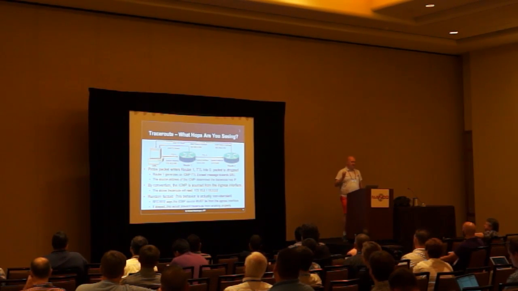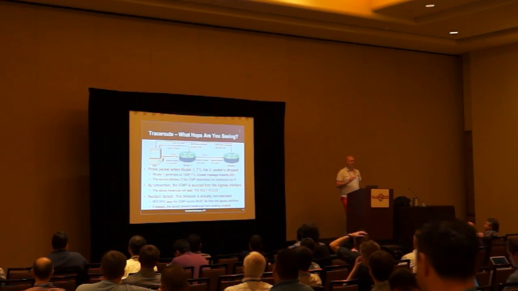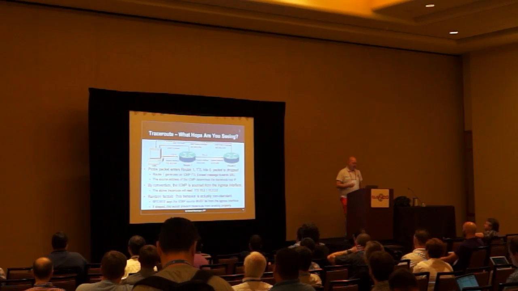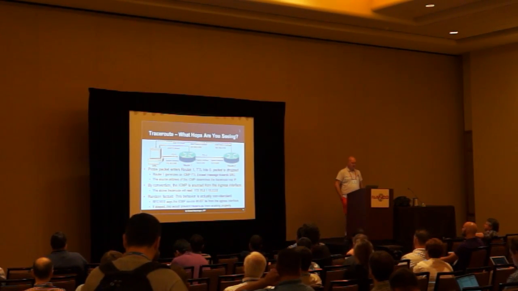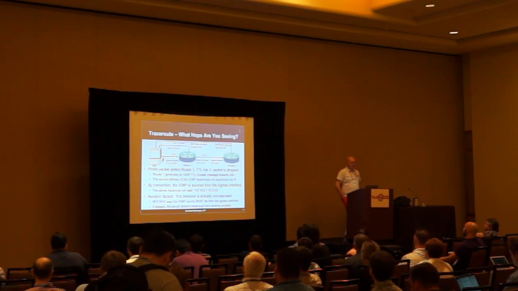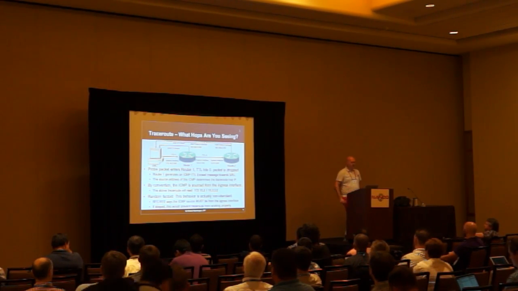When router 1 decrements the TTL to 0, decides to drop this packet and sends back an ICMP message, it's going to source that ICMP from the interface that it came in on. So in this example, the 2 hops you'll actually see in Traceroute are the 172.168.2.1 and the other ingress interface for router 2.